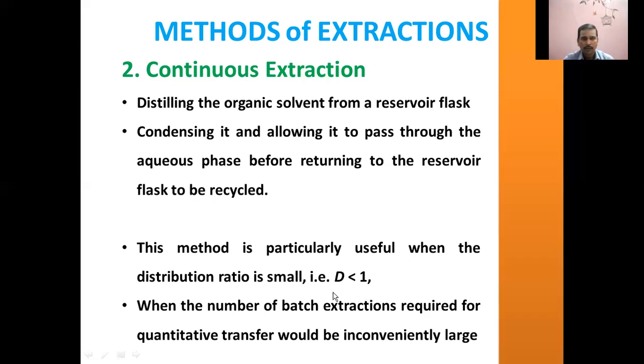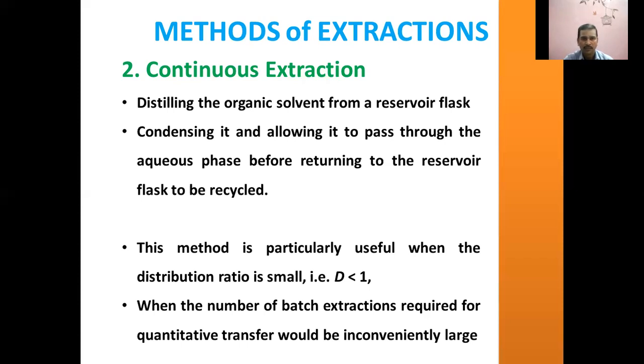And even if you perform 10 extractions or 25 extractions or as many multiple extractions, the quantitative transfer of a solute from one phase to another phase is quite impossible. So in such cases, it is unscientific to conveniently do such a number of multiple extractions. Say, doing 100 extractions in order to extract 99% of the solute is unscientific.